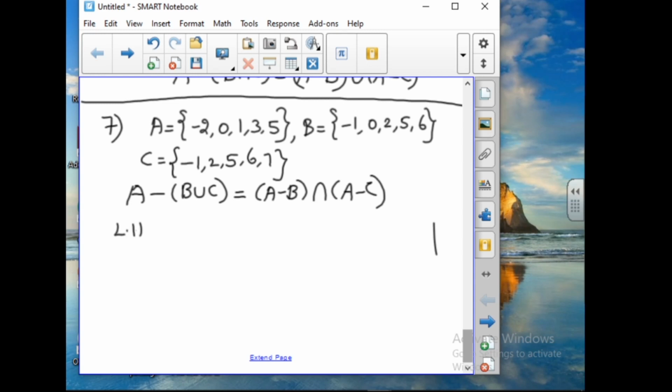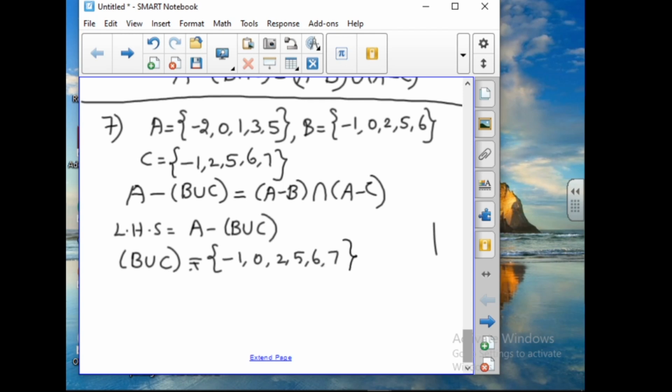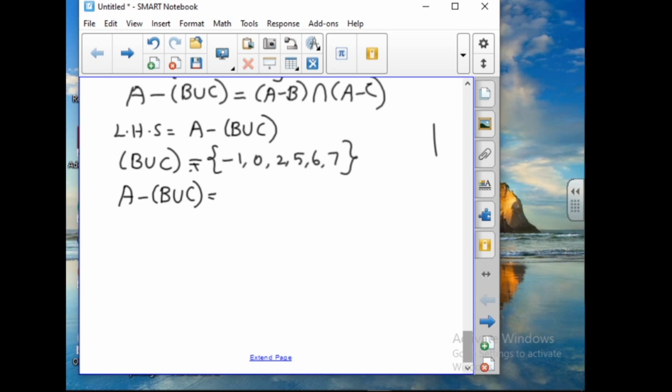Then LHS equal to A difference B union C. So first you have to find B union C. Union means you have to combine the sets B and C. So what do you get? If you join the B set and C set, you will get -1, 0, 2, 5, 6, 7. Then next, A difference B union C. So what is your A set? -2, 0, 1, 3, 5.